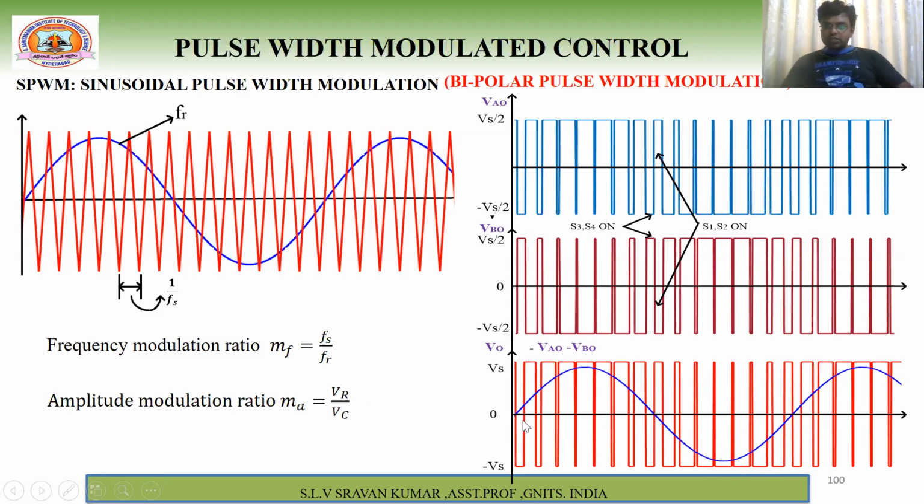But these waveforms, these red color waveforms, are the switching frequency. That switching frequency is based on your carrier frequency. So for example, let us say we just consider one frequency, let us say 300 or 500, just assume like that. But in the examination they have given it like this, right? Then how can you find out this frequency?